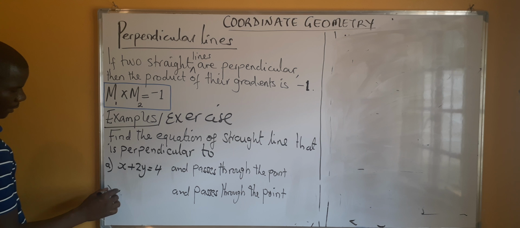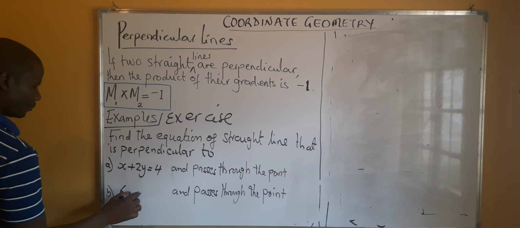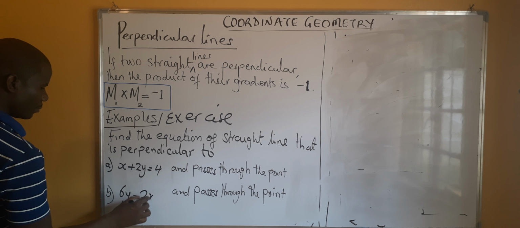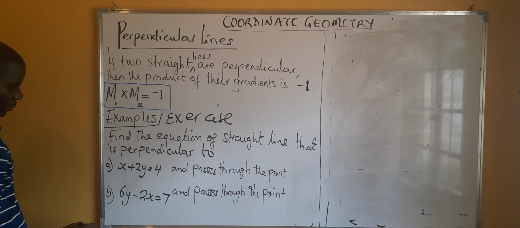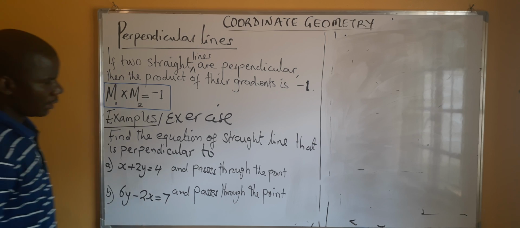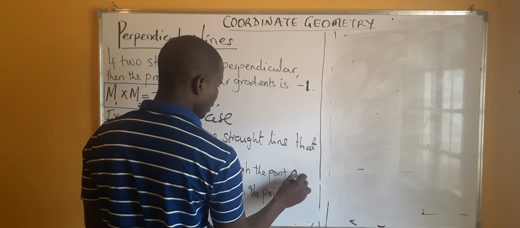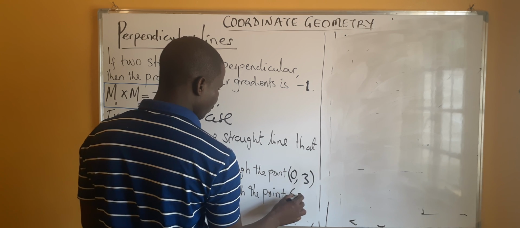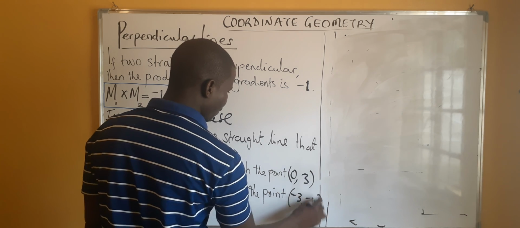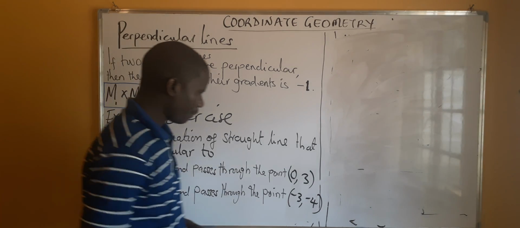Then here we say minus. Then the point should be 0,3. Then for this one, the point is minus 3, minus 4. This is what I expect you to do.